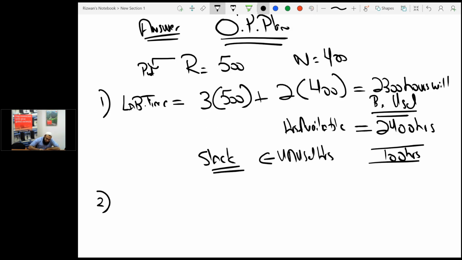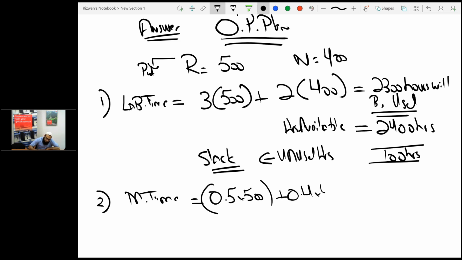In the same way, let's now check for machine time. 0.5 hours into 500 plus 0.4 hours into 400. The hours you have used are 410.